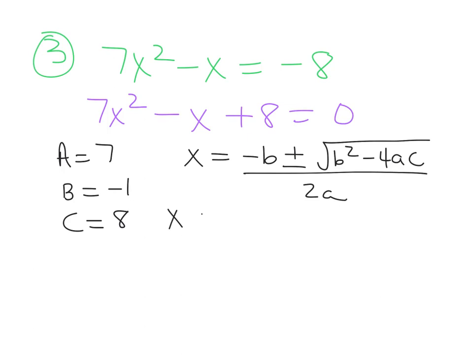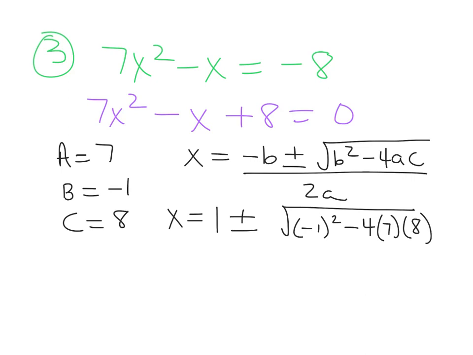So now I've got x equals negative b. b is negative 1, so negative b is 1, plus or minus the square root of. I have b squared, so that's negative 1 squared, minus 4 times a is 7, c is 8, all over 2 times 7.